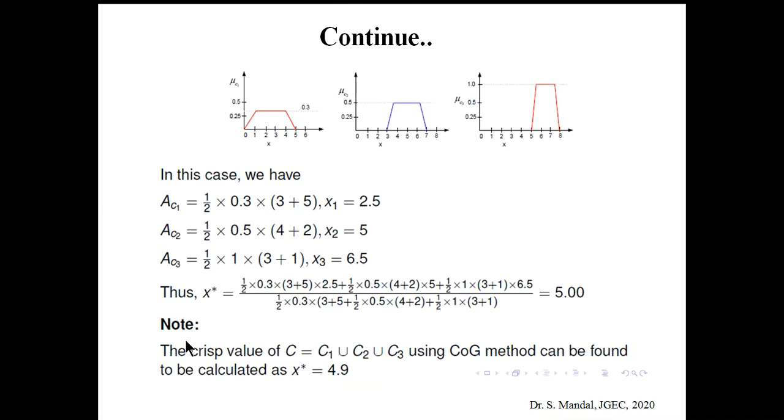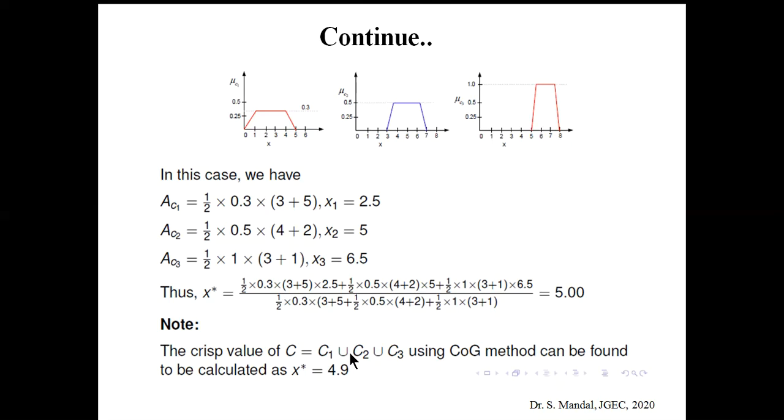Note that for the same case, if we consider the COG method for the same fuzzified output, that is C1 union C2 union C3, we get the value 4.9.